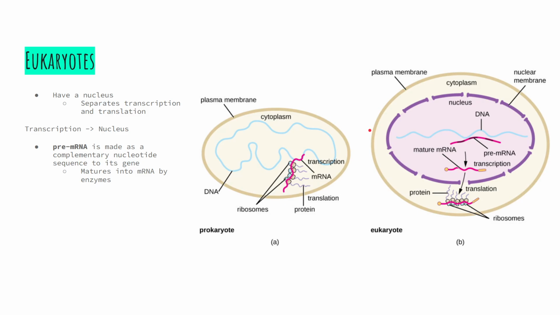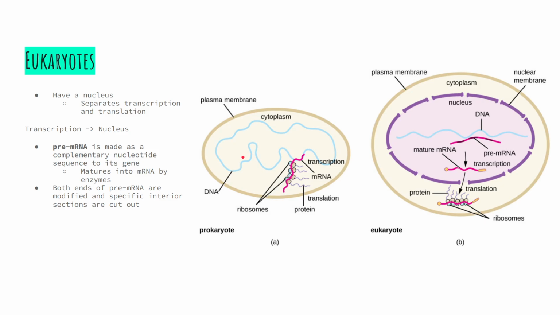So this pre-mRNA does mature into, well, mature mRNA. Often when we refer to mRNA, it is the mature version that people typically refer to. If they're talking about pre-mRNA, they will use pre as the prefix.